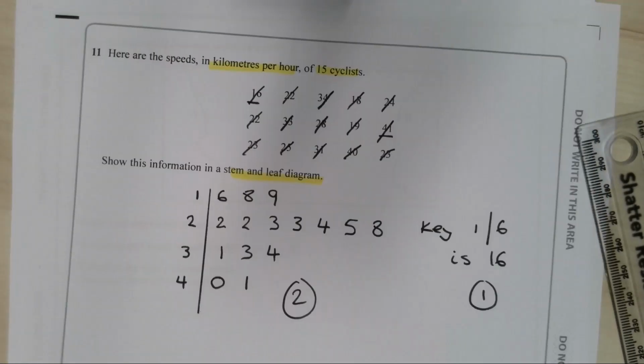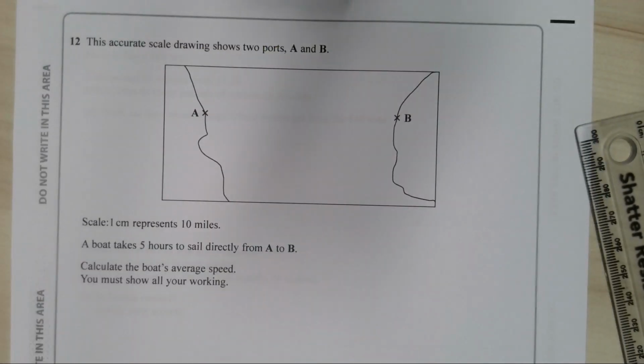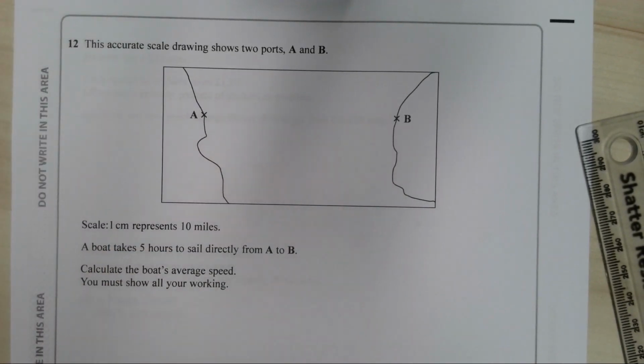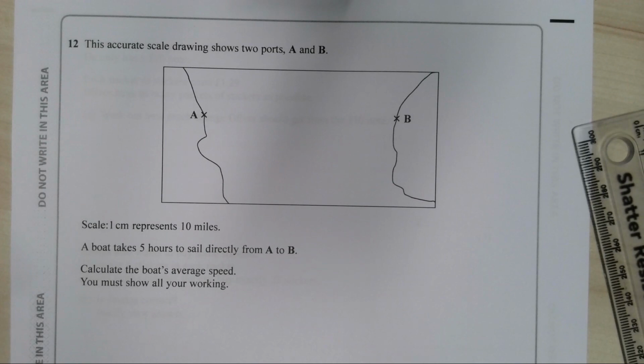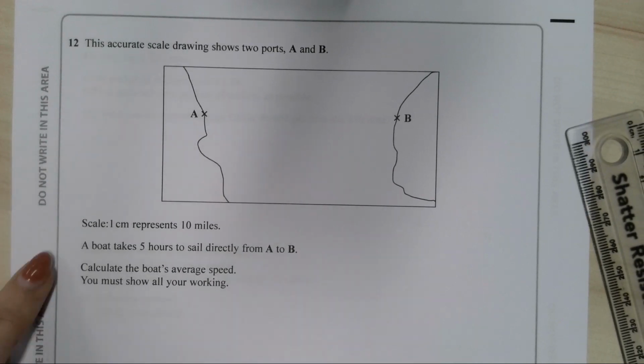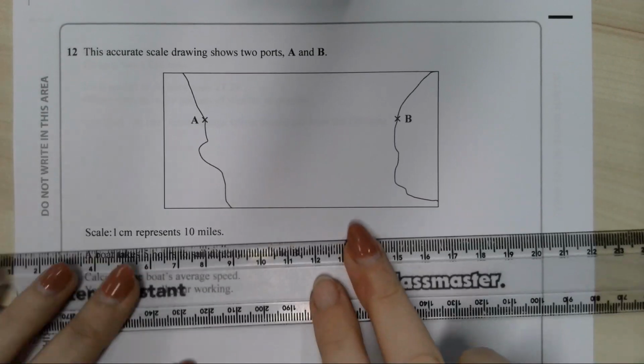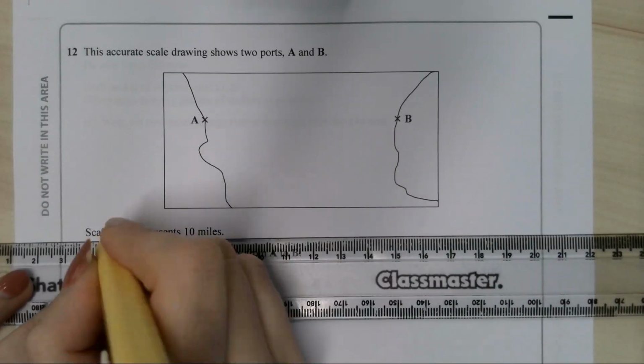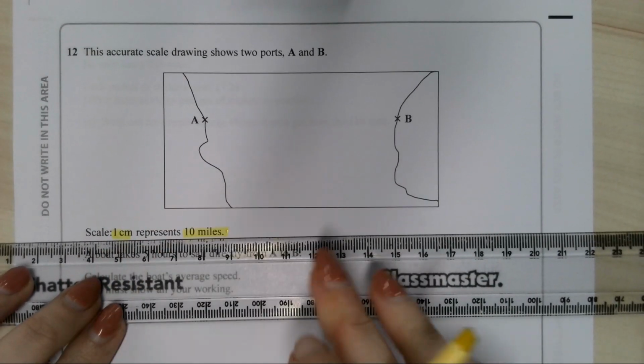Question 12. This accurate scale drawing shows 2 ports, A and B. The scale is 1 centimetre represents 10 miles.